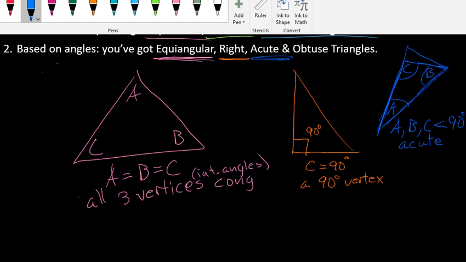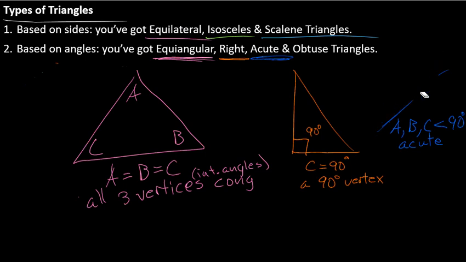Okay, and let me draw a better example, because based on that picture I drew, it looks like C is greater than 90. Here, we'll just do this. So let's call this A, B, and C, all three are less than 90.